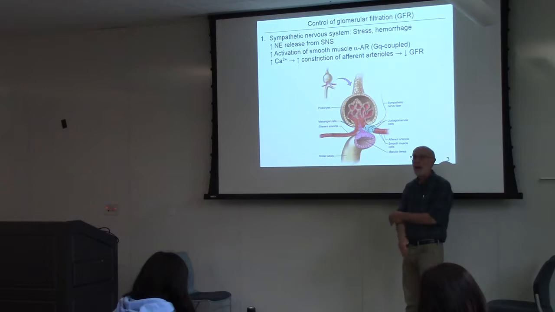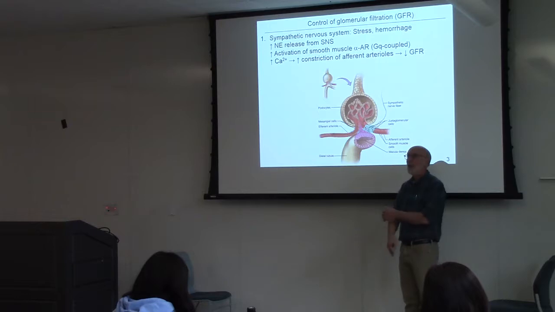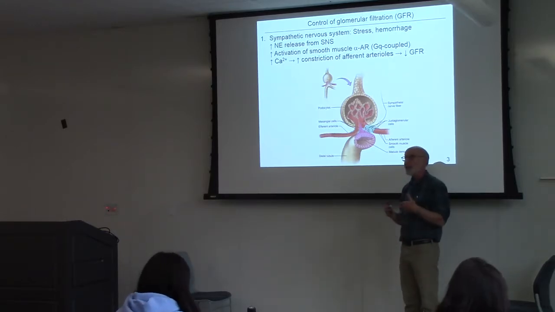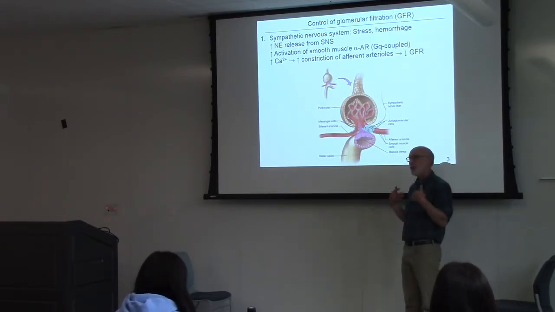And some of those stimuli are dehydration, right? If your hypothalamus starts to detect that your solute concentrations are high, suggesting your water content is low by dehydration, the hypothalamus can detect solute concentrations and tell the sympathetic nervous system, hey, we're dehydrated.